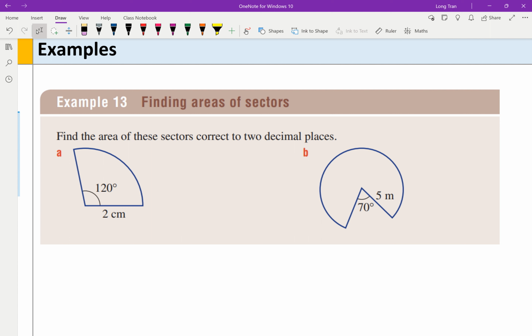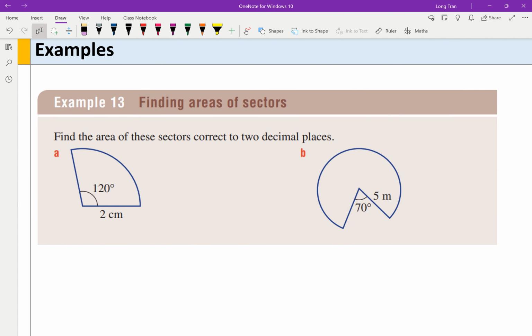So part A should be straightforward. Part B, I want you to think a bit. You run right into it. That's the common mistake I often get when I do a test. Have a think. You've got 4 minutes with your calculator. I want you to work out what is the area of each sector.